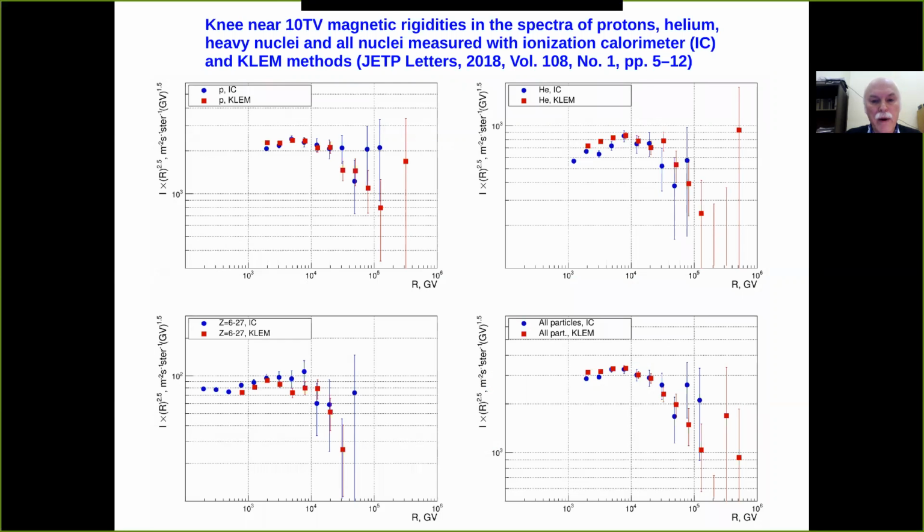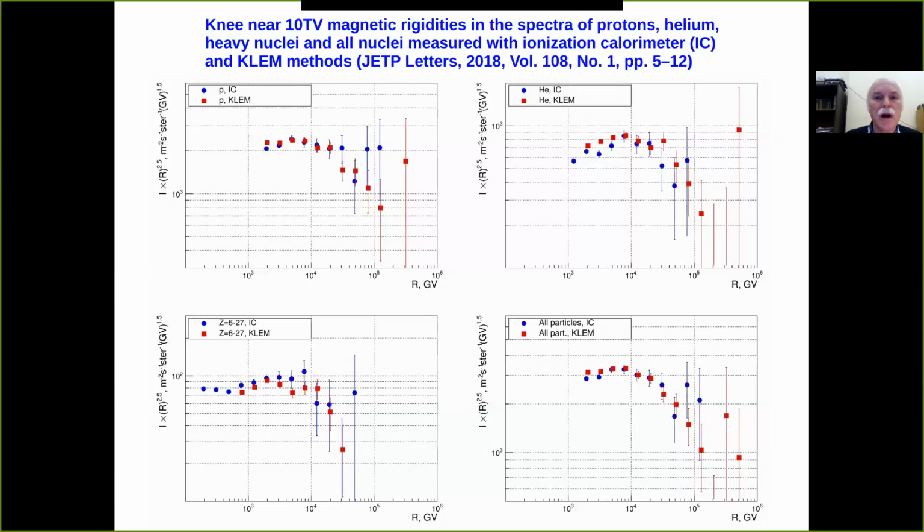The spectra of the main abundant nuclei were measured with the experiment. The natural parameter of measuring the spectra is the energy per particle, but the charge of each particle is known. Therefore, we may easily convert this energy to magnetic rigidity.